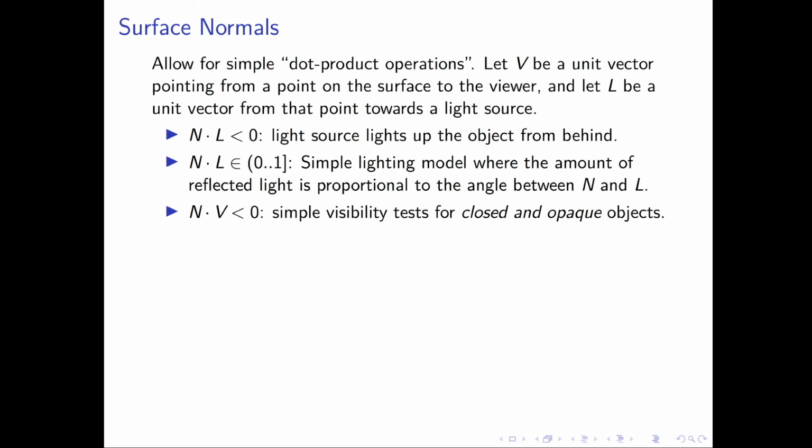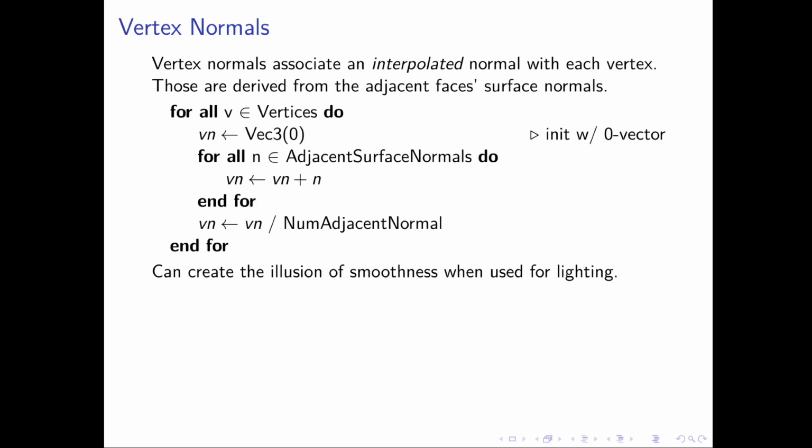When we're in a setting where we have only opaque objects and we assume that we cannot move into those objects, then we can potentially exclude surfaces from rendering because we know that we're watching them from behind. This is something that we call backface culling. It's an important concept that we'll later need to understand on GPUs. And so those are surface normals.